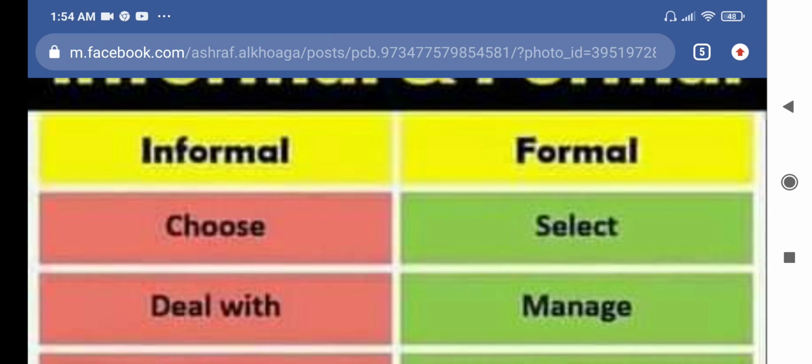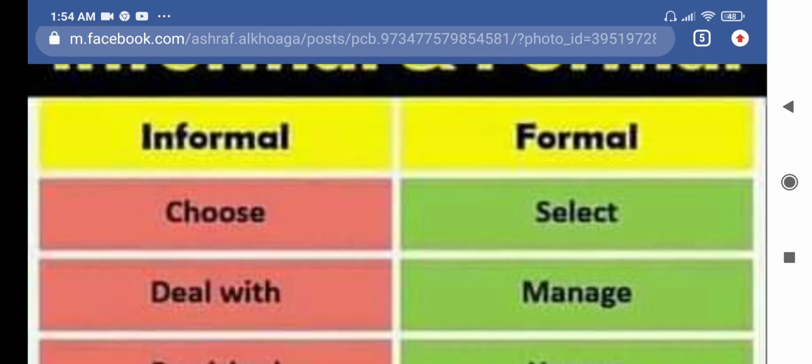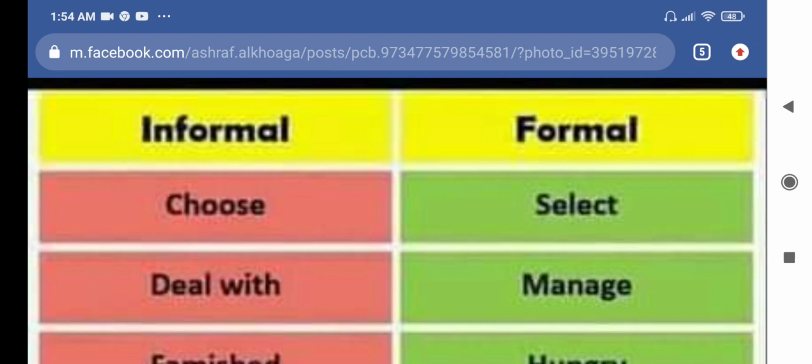So in your syllabus, you know that you have to write email, and in some emails you need to use informal words, and at the same time you have to write formal compositions, formal paragraphs.